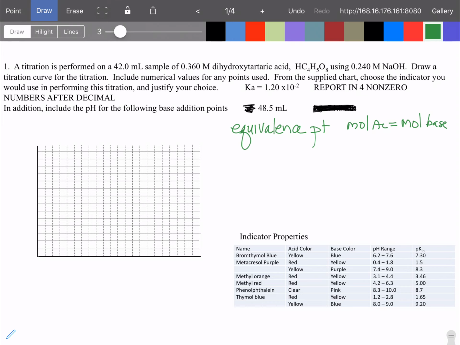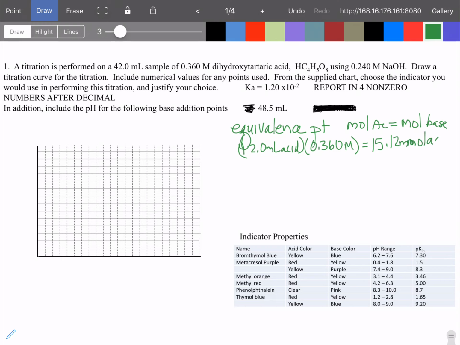So the easiest way to do this, making sure it's 1-to-1, is the volume of acid, 42.0 milliliters of acid, times its concentration, 0.360 molar, is going to be equal to the number of millimoles. When we do that, it's going to come out to be 15.12 millimoles of acid.